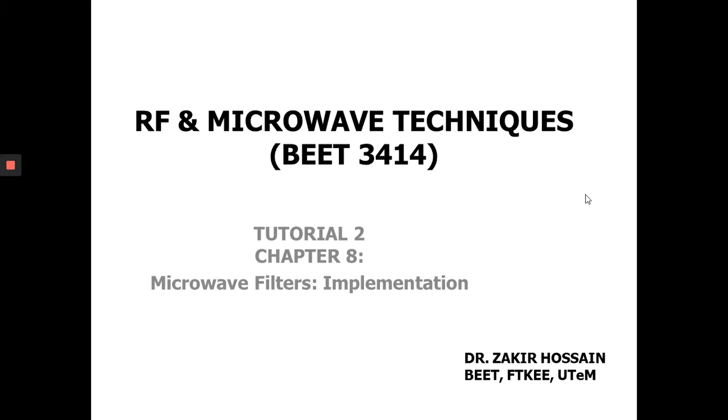There we learned all about the circuits with the capacitor, inductor, and so on and so forth. However, for the microfilters, we can really design a microfilter directly on PCB without any capacitor and inductors, only with the microstrip transmission line. So our filter implementation in this tutorial video is for that technique.